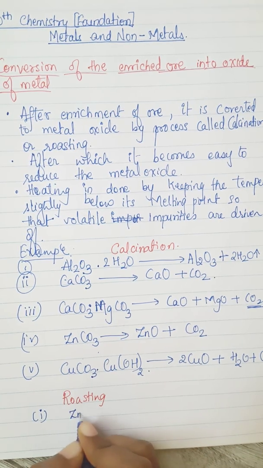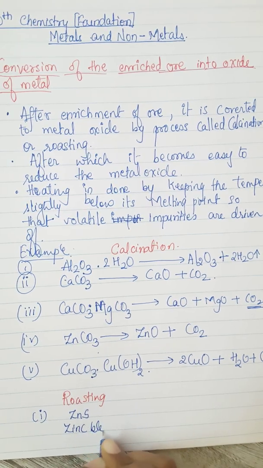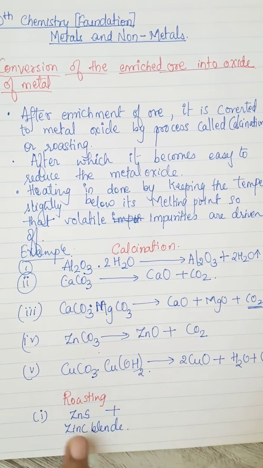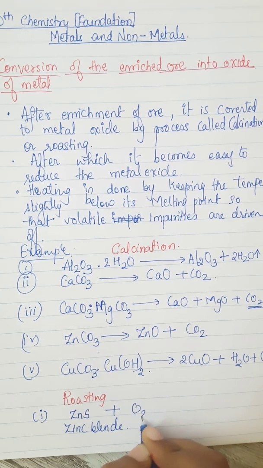Zinc sulphide is also known as zinc blende. It does not contain oxygen, so to convert this into zinc oxide we need oxygen. So we'll take oxygen over here.